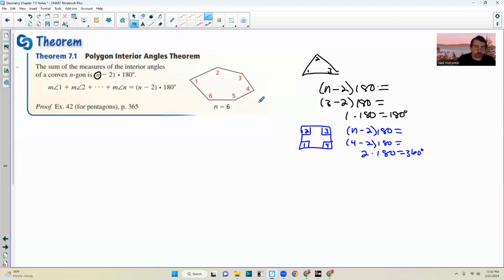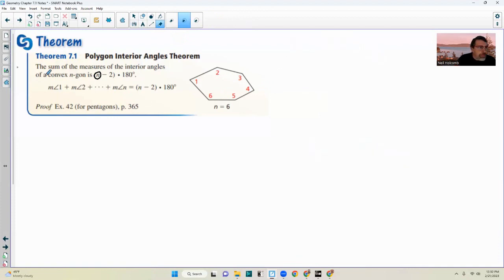So this works. It works for any value, but I started with n being a three-sided figure, a triangle, because we've just worked with those, and we've worked with squares and rectangles. So it's true for all. All right, so now let's take a look at this theorem.